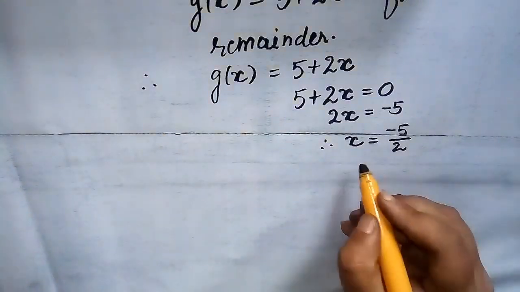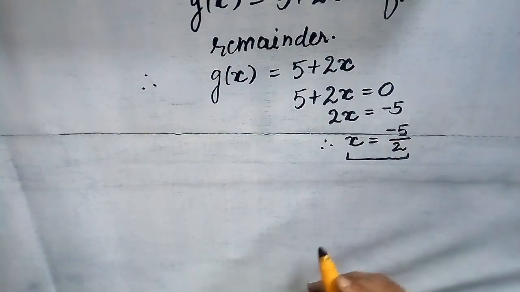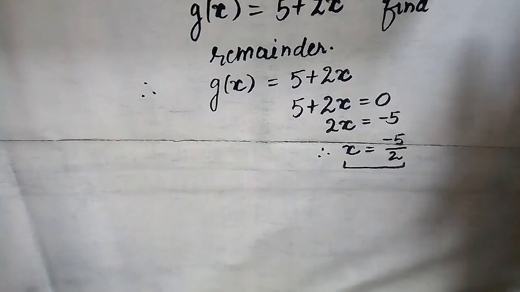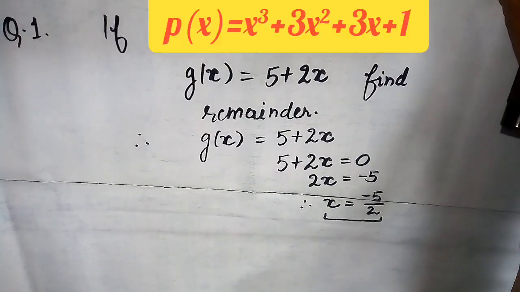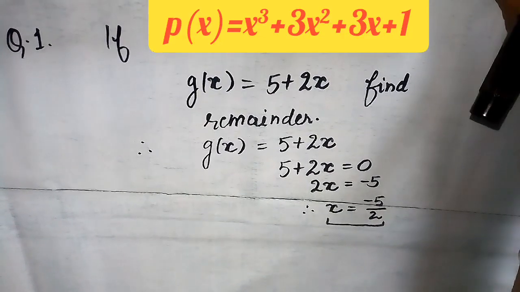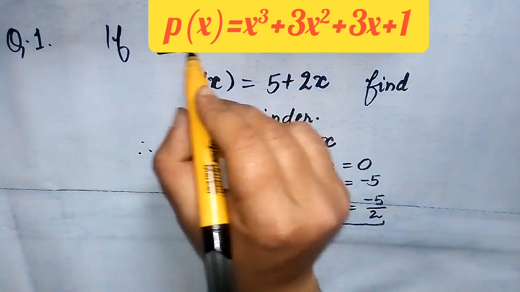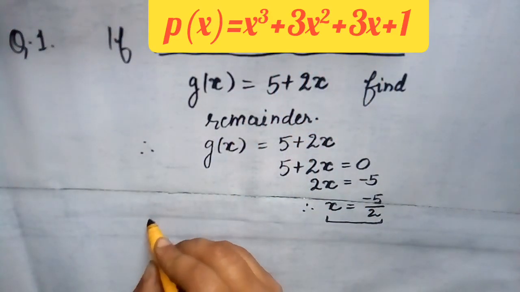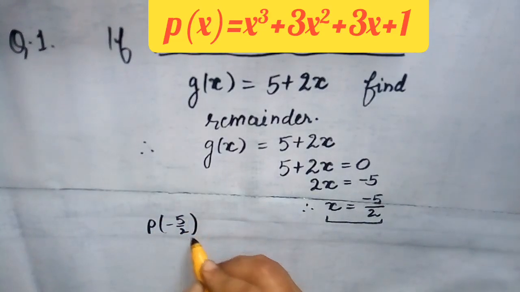So let us replace this value. What will come? Because we know that our p(x) was equal to x cube plus 3x square plus 3x plus 1. So here we have to replace the value of x equals minus 5 upon 2.